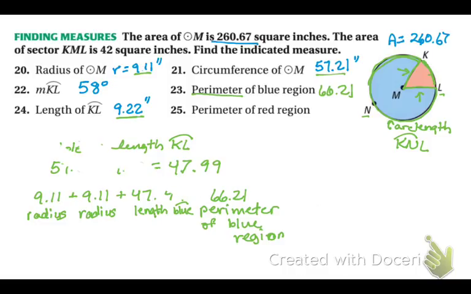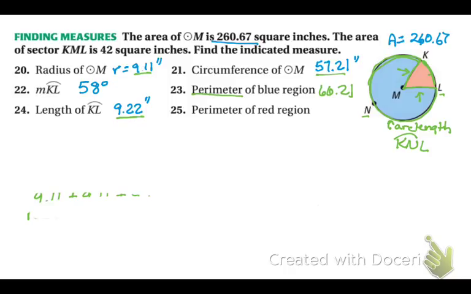So now, our last problem is number 25. I'm going to erase scribbles. So now we're looking for the perimeter of the red region.